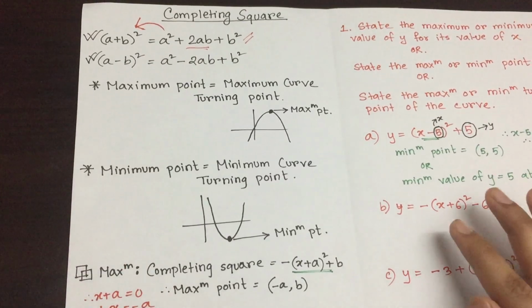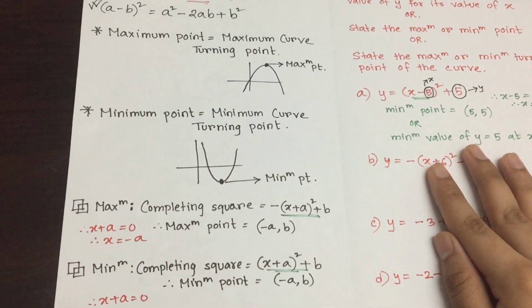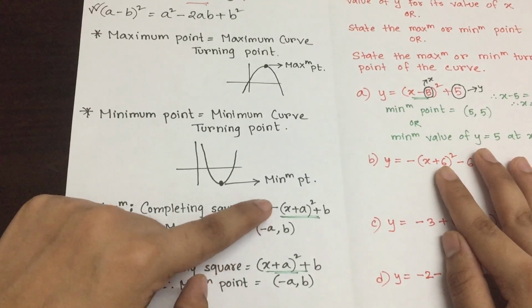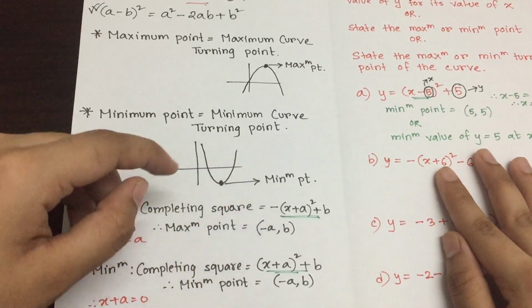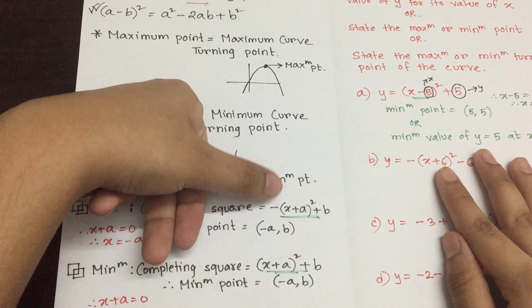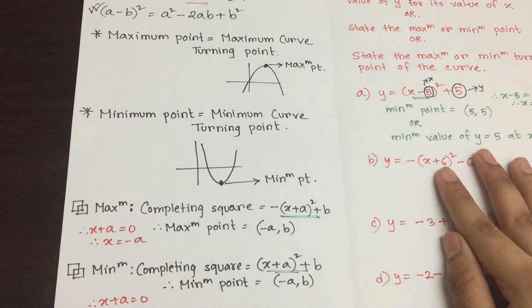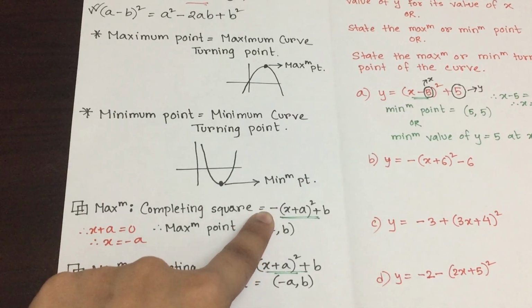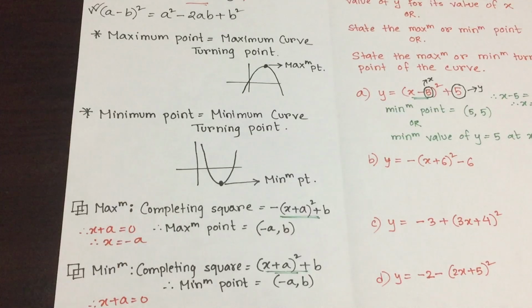In the case of completing square, in order to find the maximum point, the completing square will be in this form. There will always be a minus sign before x squared. This is one of the easiest ways to identify whether an equation is the equation of a maximum curve or a minimum curve, because if you see a minus sign at the very beginning, you will know that it is a maximum curve.